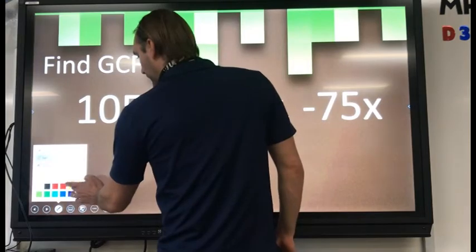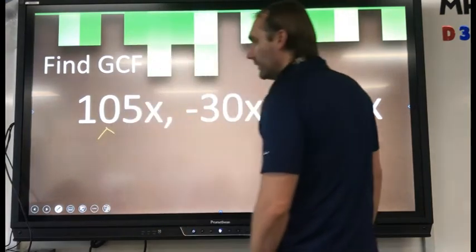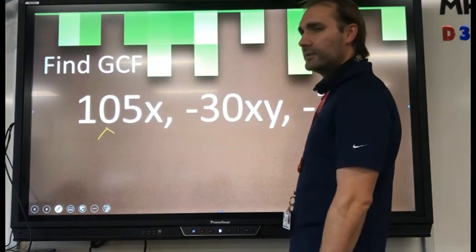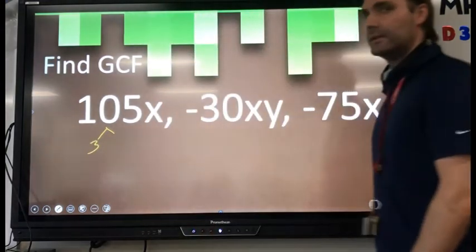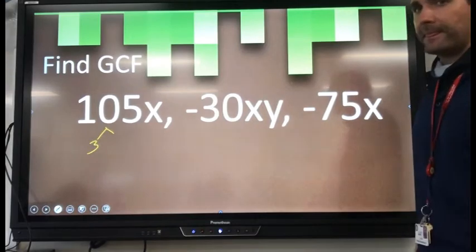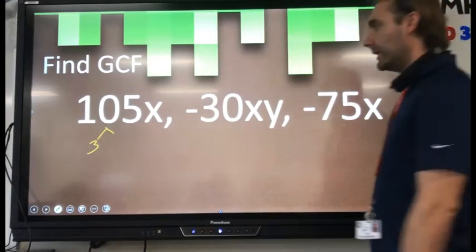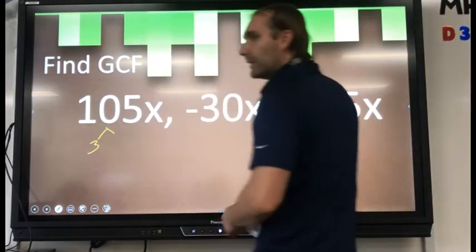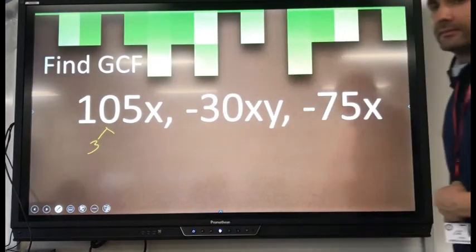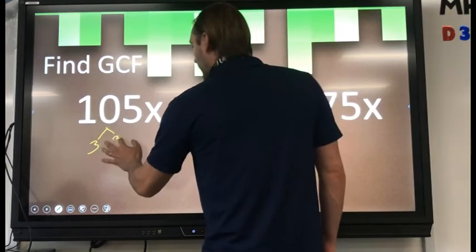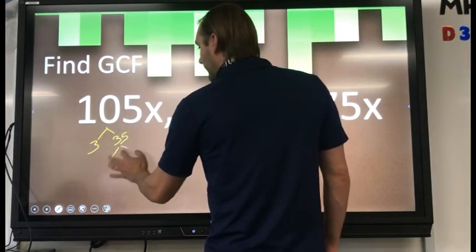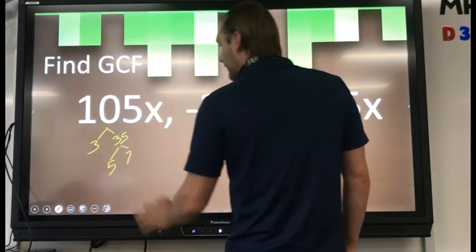So for this one, we'll do the prime tree. Does 2 go into 105? No. What about 3? 3 goes into 105 how many times? 35 times. 35 is 5 times 7.